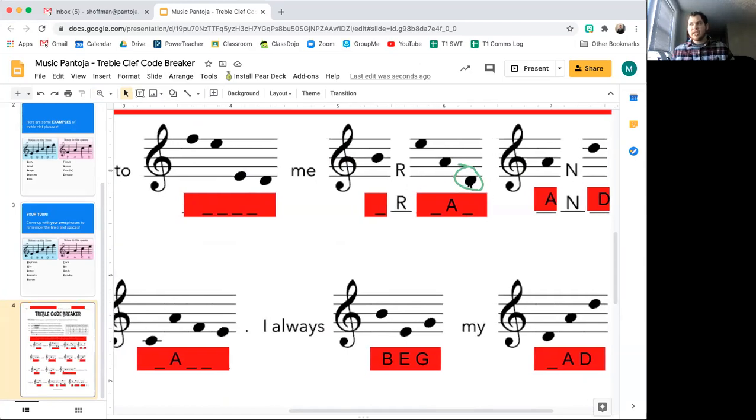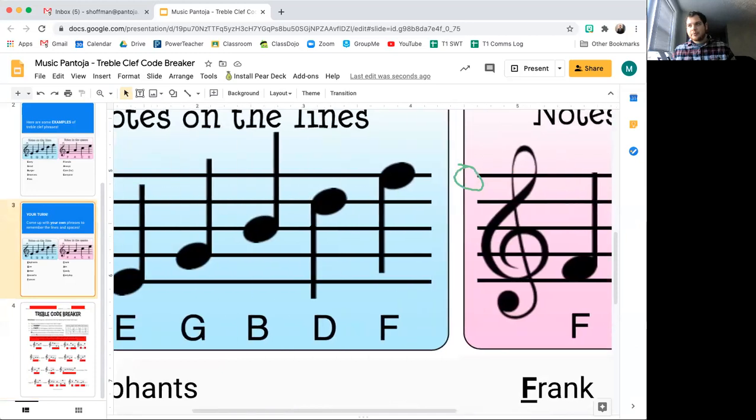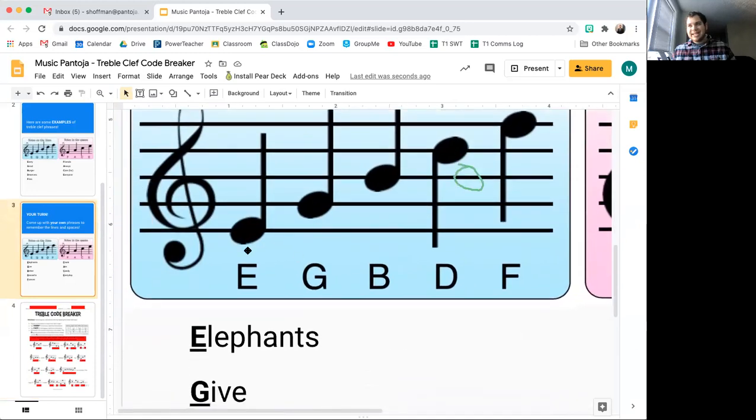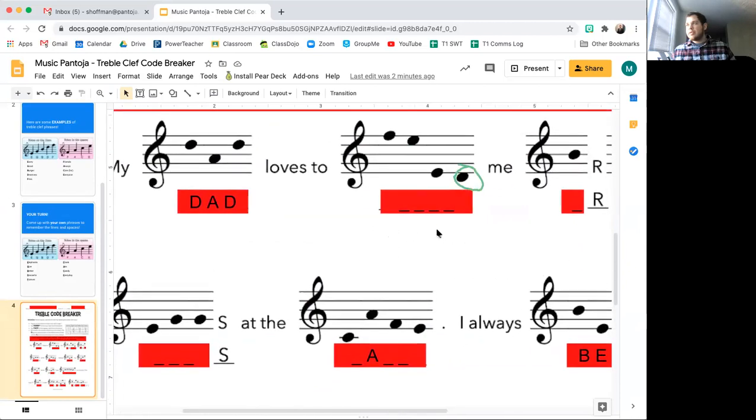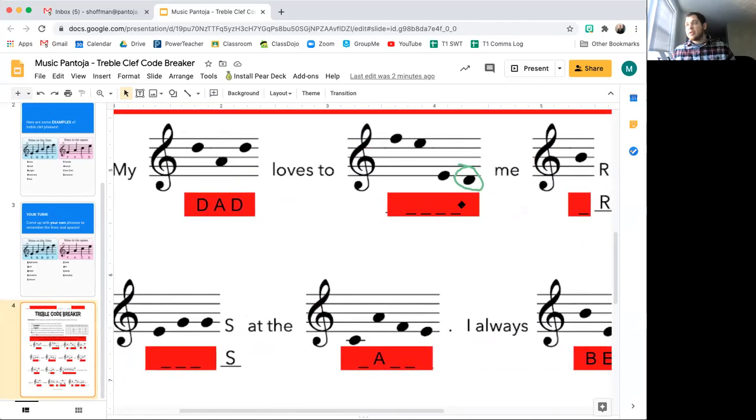I know that this is the space right below the first line. And the first line note is E. The letter that comes right before E in the alphabet is D, and so that's what this note is. That is a D.